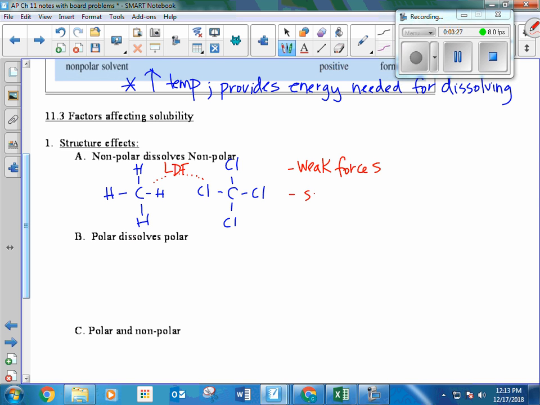So the solute molecules slide between the solvent. It seems like a really minor point to make, but they like to discuss this in a situation because the forces are so weak, so we don't have as much energy in the system.